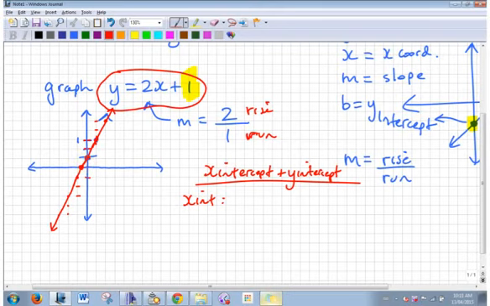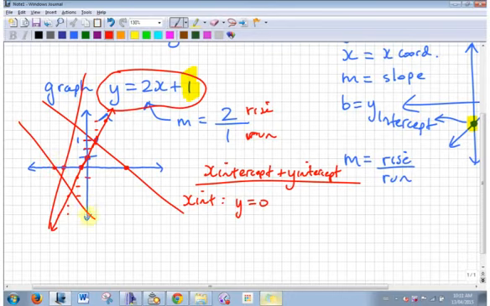Y-coordinate is 0. I don't care where a line goes through. At the x-intercept, y is 0. I don't care what line you draw, every x-intercept, y is 0. That's what we do to solve for this point.